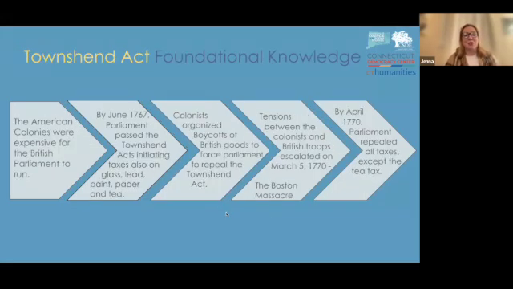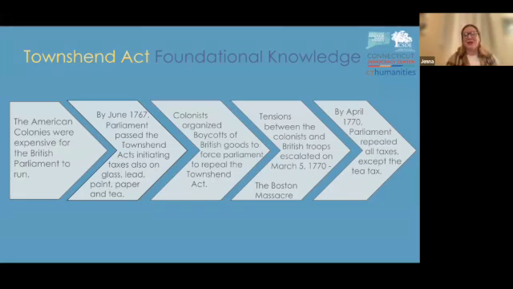To the same extent, shortly after, we have the Townshend Acts. The American colonies were expensive for the British Parliament to run. So in 1767, they were looking for new ways to bring in more revenue. So they passed once again a new act, the Townshend Acts, which initiated taxes that were placed on glass, lead, paint, paper, and tea.